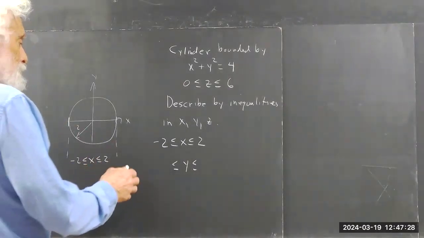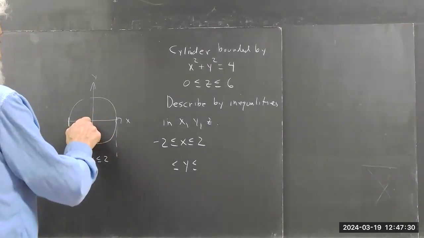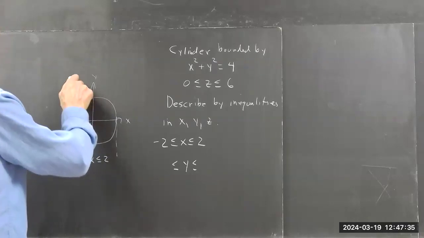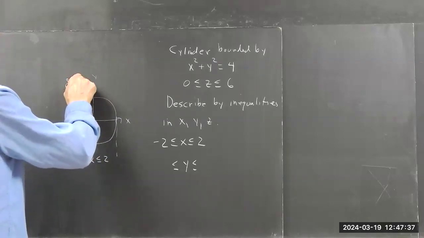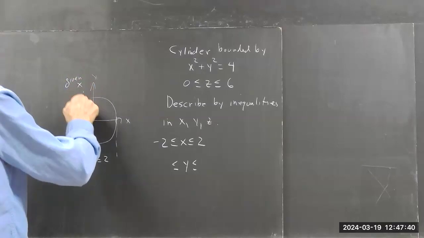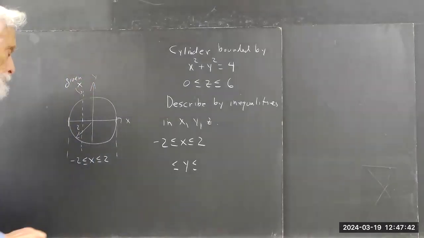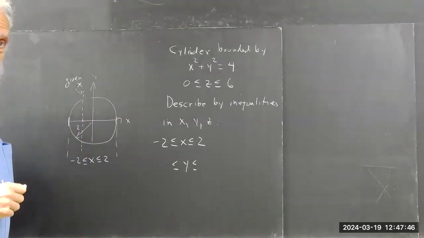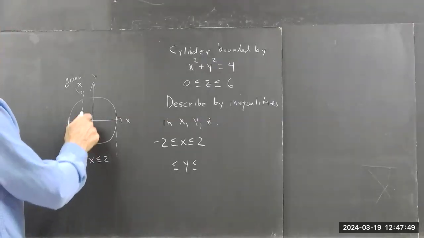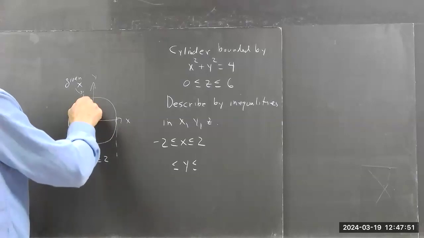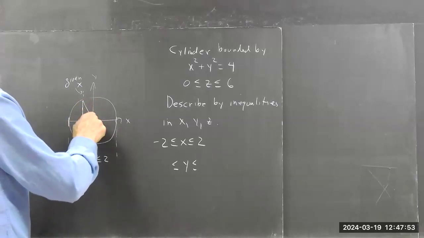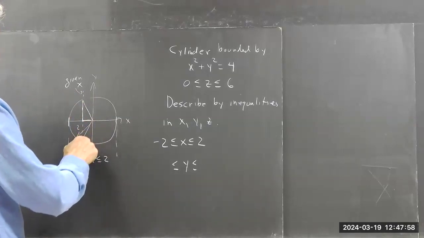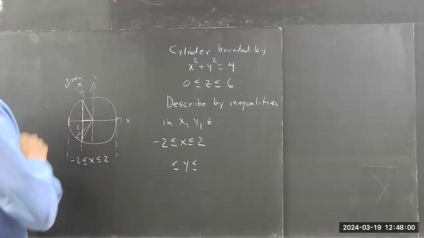Well, for given x, let's just take x right here. We have a given x along here. So x is how far it is from here to here, right? How far does y go? Y goes from here to here, and from here to here.